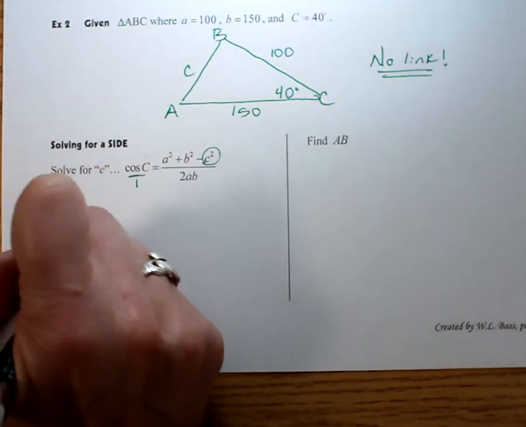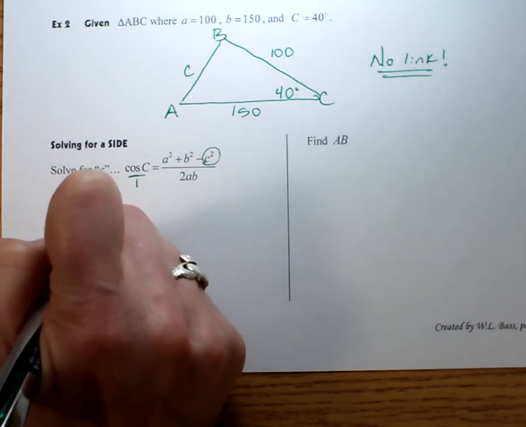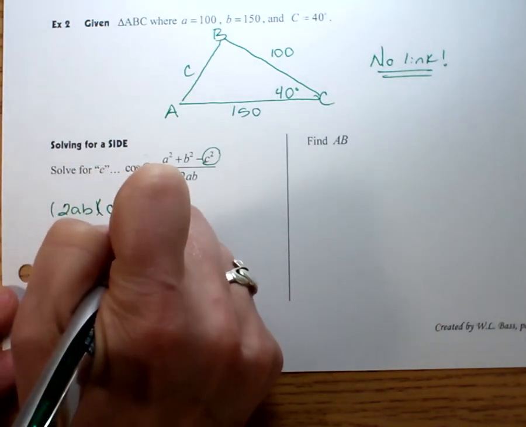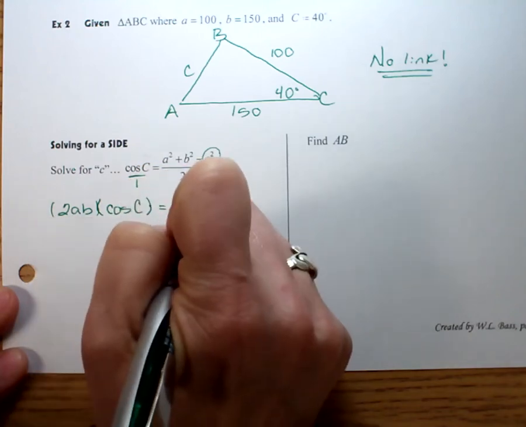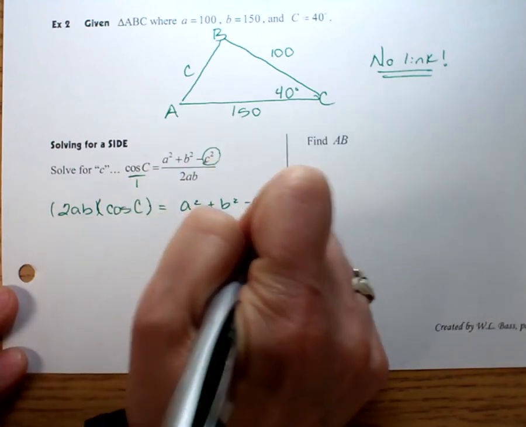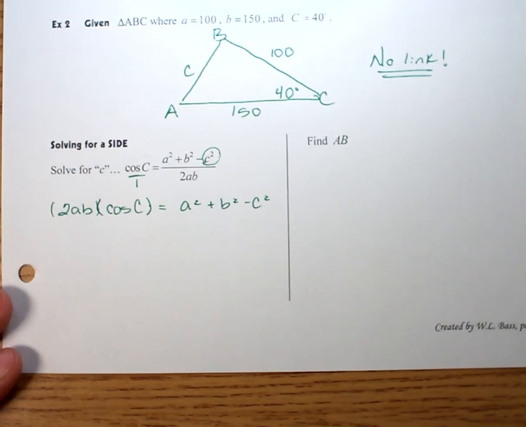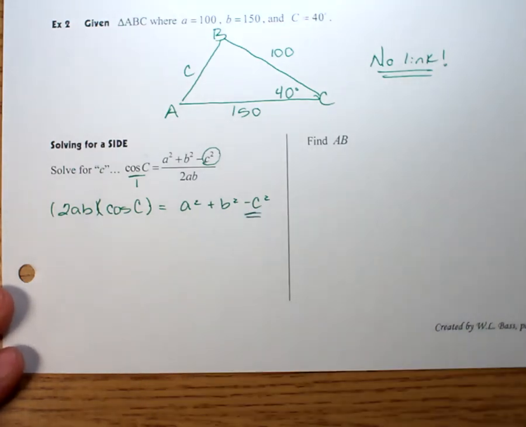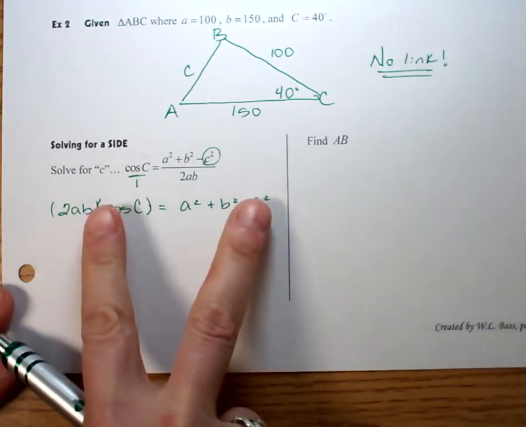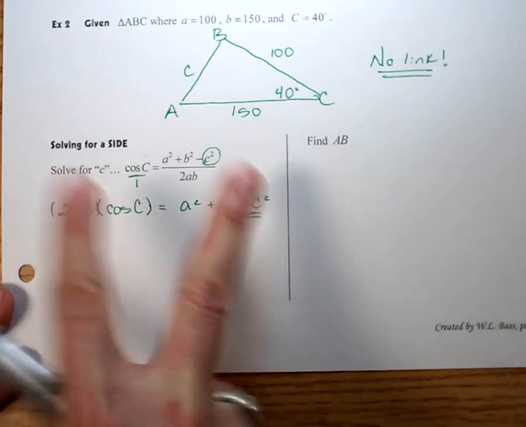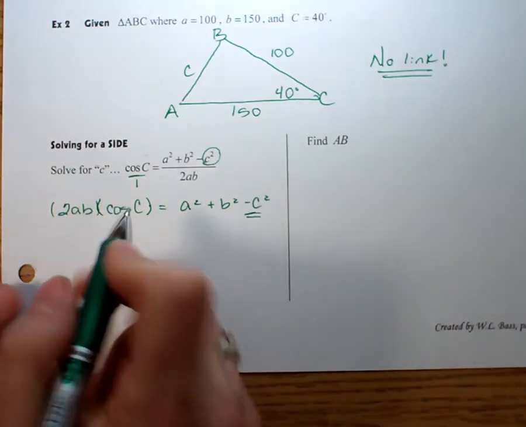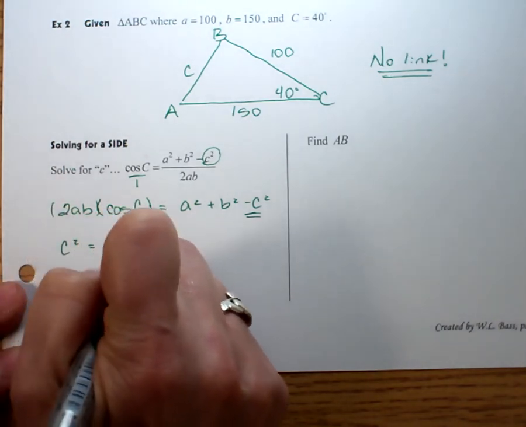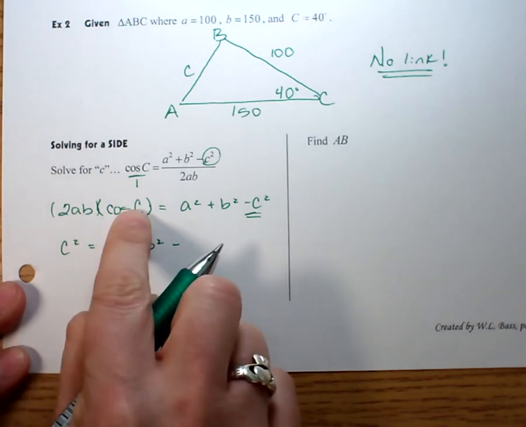So I get this 2AB. If you want parentheses, you can. You don't have to. Cosine C. And then A squared plus B squared minus C squared. Lovely. Now, I need this C squared. I notice that it's negative, so I'm going to take the C squared and everything on the left, and I'm going to flip-flop them. So I'm going to get a nice C squared, and now I'm going to have an A squared plus B squared minus this entire thing.